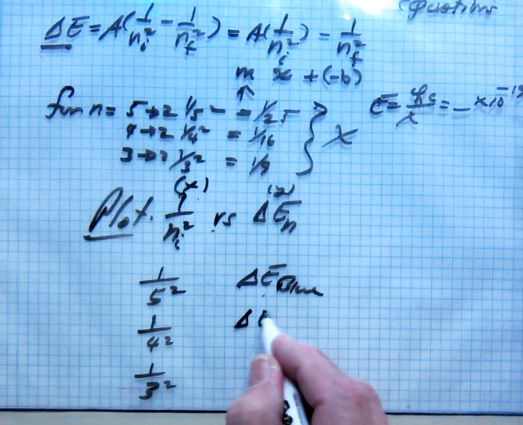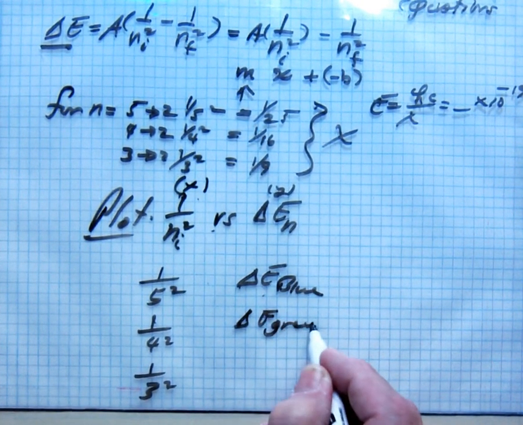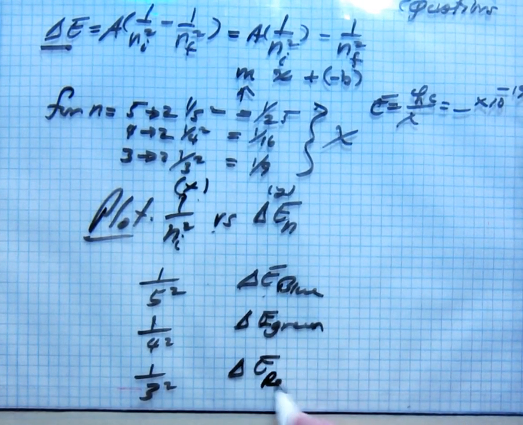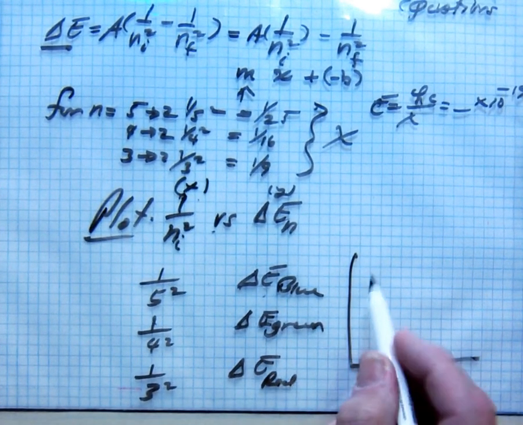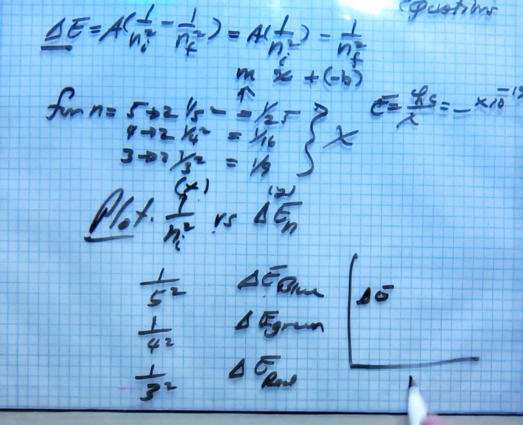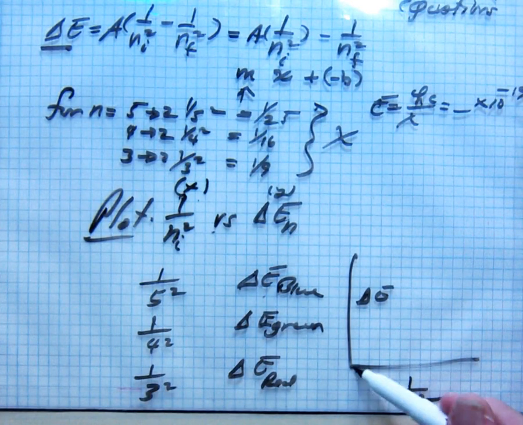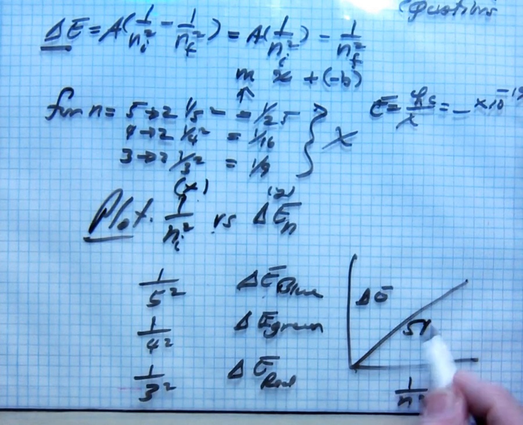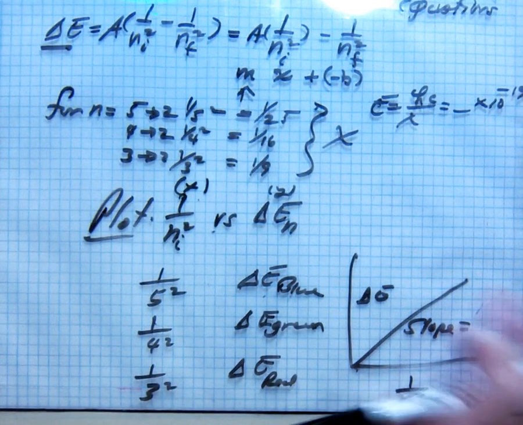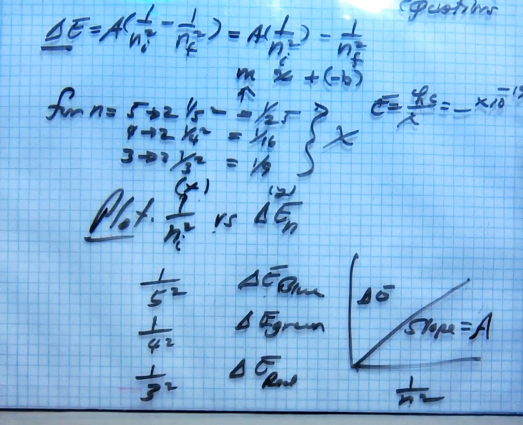And this is delta E for the green line, and delta E for the red line. If you plot delta E versus 1 over n squared, you get a straight line like that. The slope in this case is equal to the Rydberg energy constant. You do the same thing for the 1 over lambda equation, and you'll get the R value out of that.